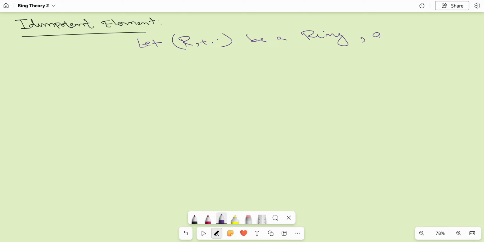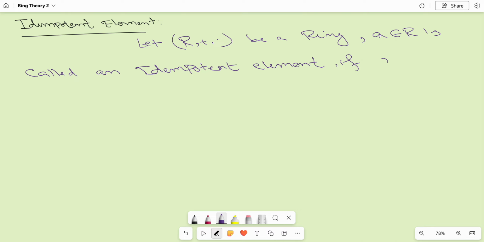An element a inside R is called an idempotent element if a square is equal to a.